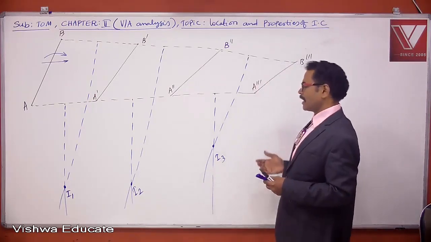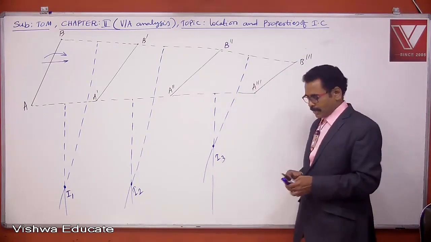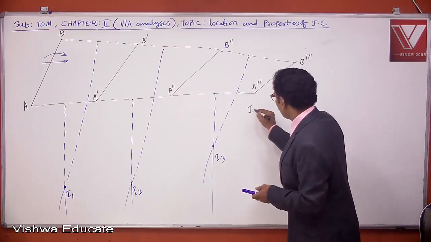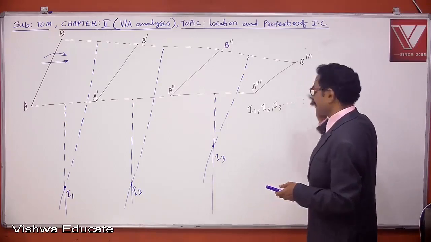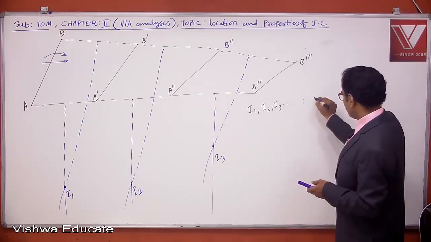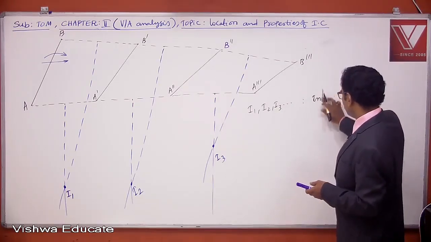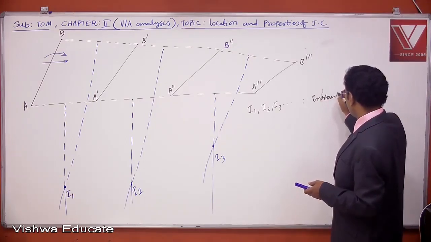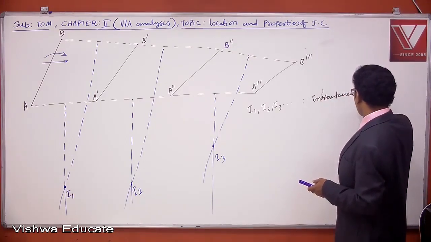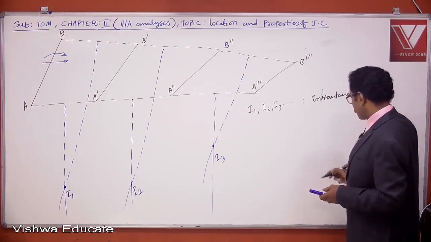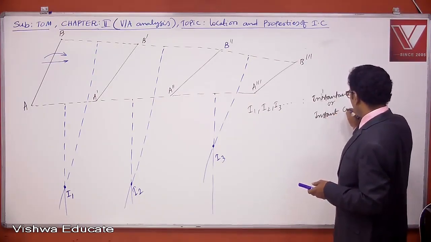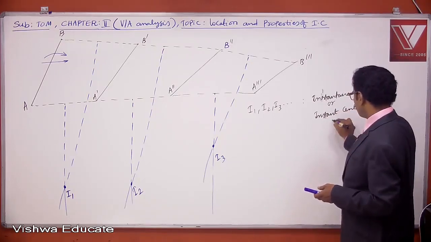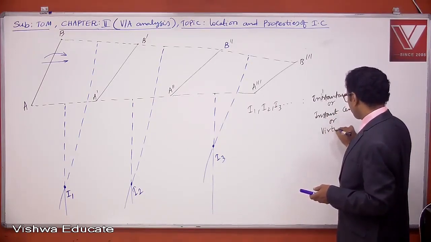What are these all? I1, I2, I3 and so on: these points are referred to as instantaneous centers. Instantaneous centers are instant centers. Instant centers are virtual centers.